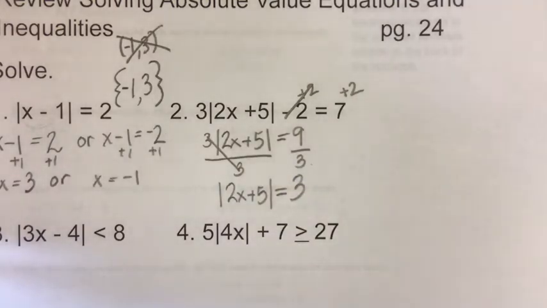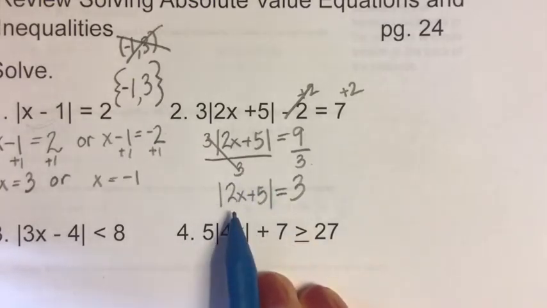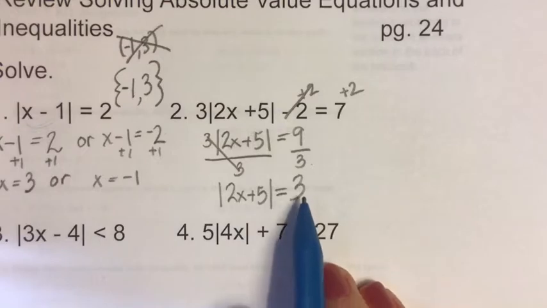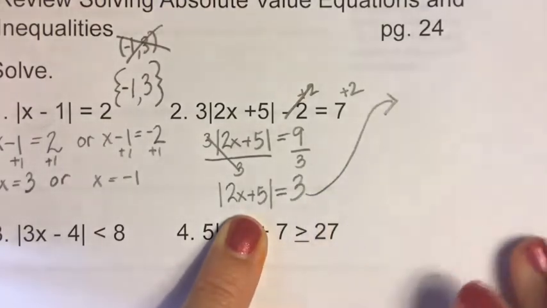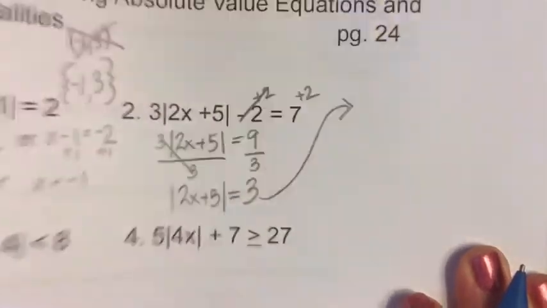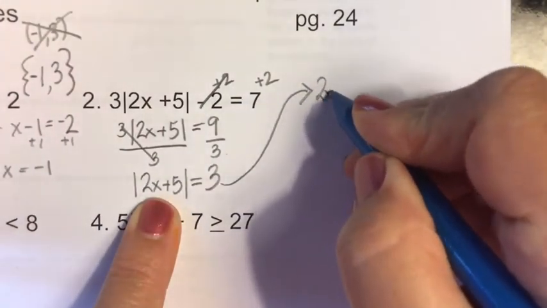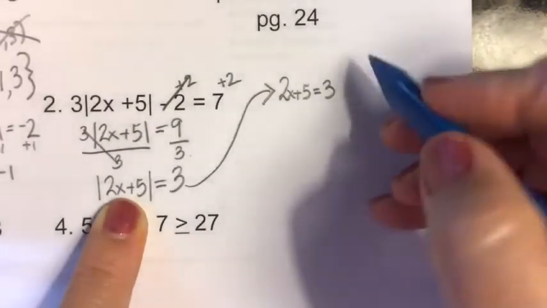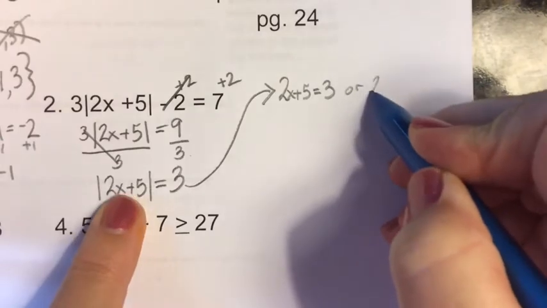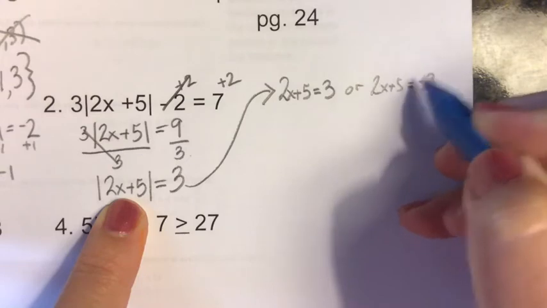Try to remember to always check once you have your absolute value isolated to see if this number is positive. It is, so I may continue. And I'll continue up here. I'm trying to find when this expression 2x plus 5 is equal to positive 3, or when that expression 2x plus 5 is equal to negative 3.